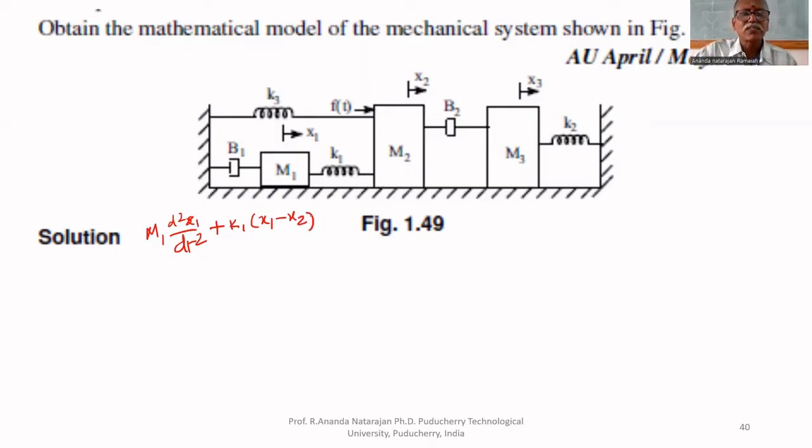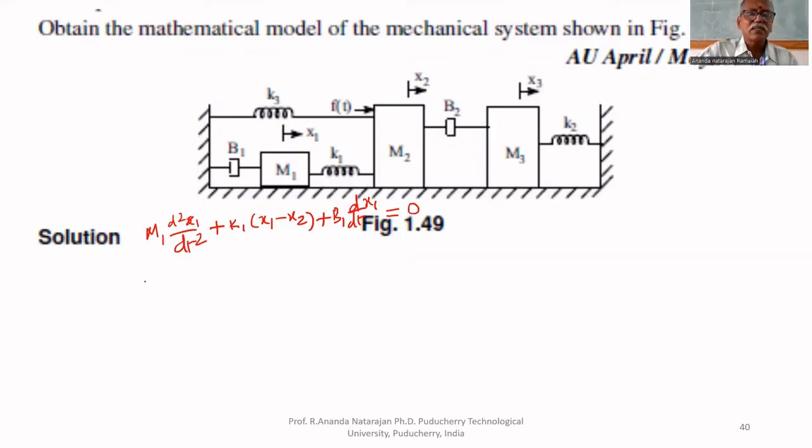That's why x1 minus x2, plus b1 d by dt of only x1, because one end is connected to mass 1 and the other end is connected to the reference, equal to 0. No applied force on the first mass.